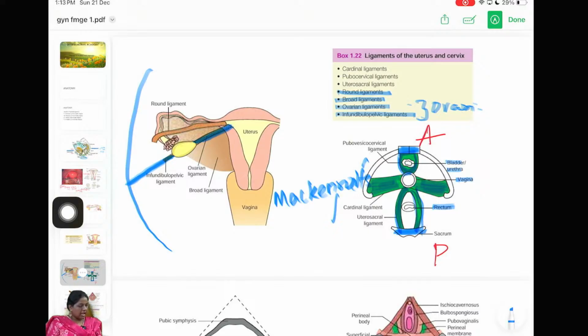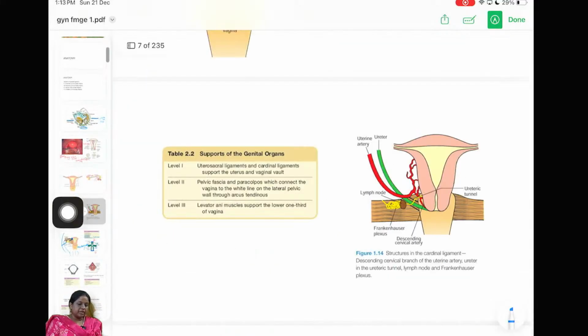You understand? And the round ligament attaches to the cornua of the uterus, and it goes and merges into the mons pubis. Mons pubis is in the perineum. Understood? So these are the other ligaments present in the pelvic cavity.